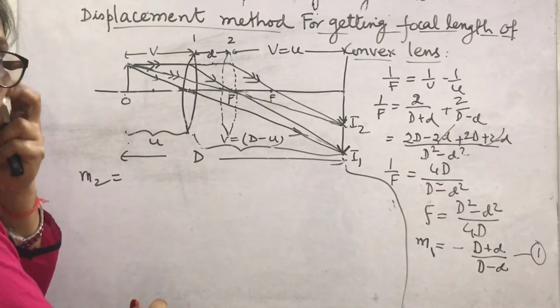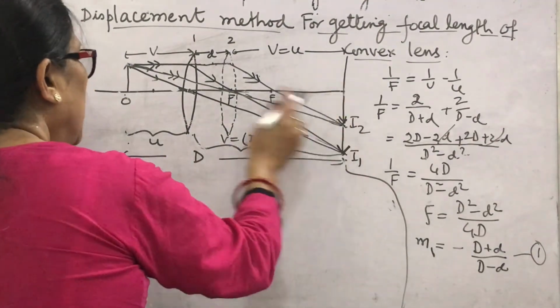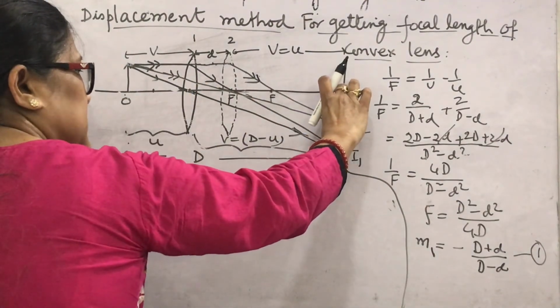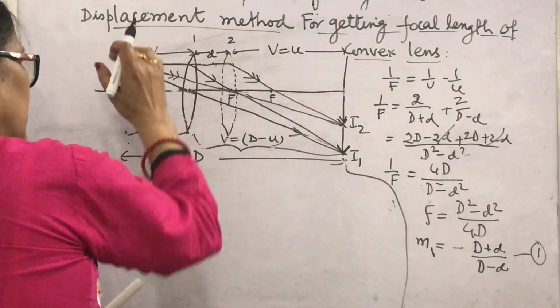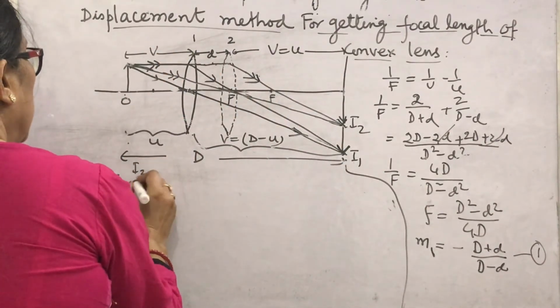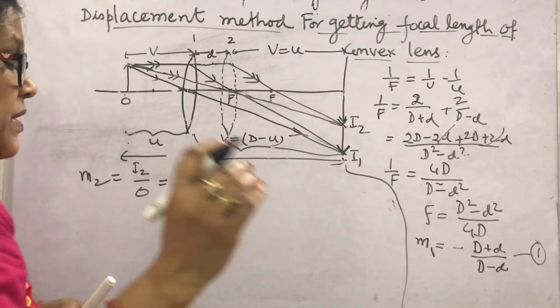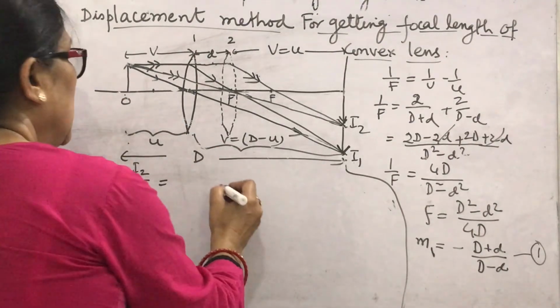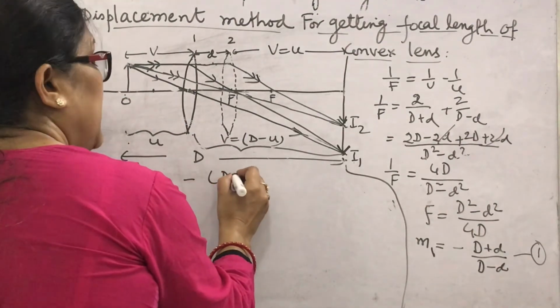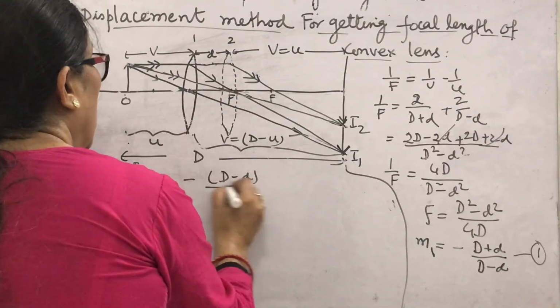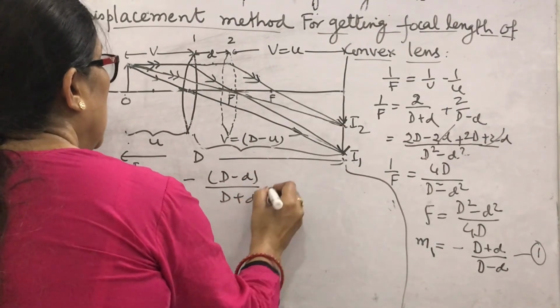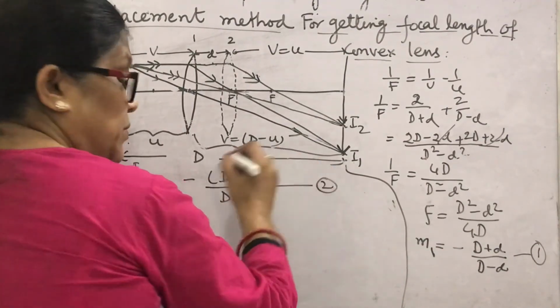What will you get? m2 as I2 upon O, this second image is I2, this size upon size of object. And what will be m2? This is minus D minus d upon D plus d. This is equation number 2.